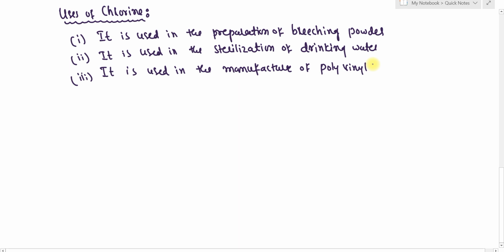Okay. Then it is used in the manufacture of chlorofluorocarbons. Students, have you heard this word? Where have you heard this word?